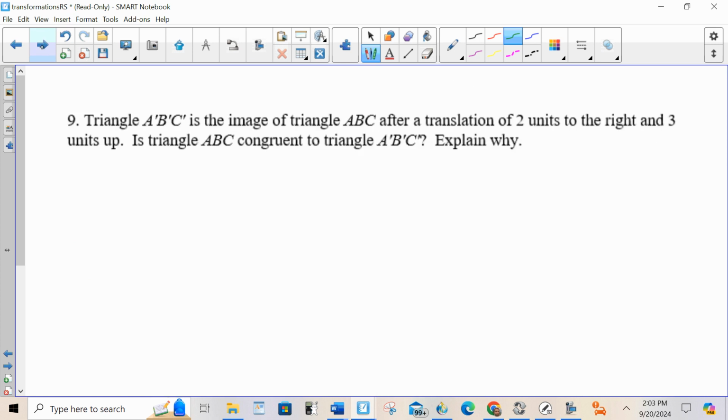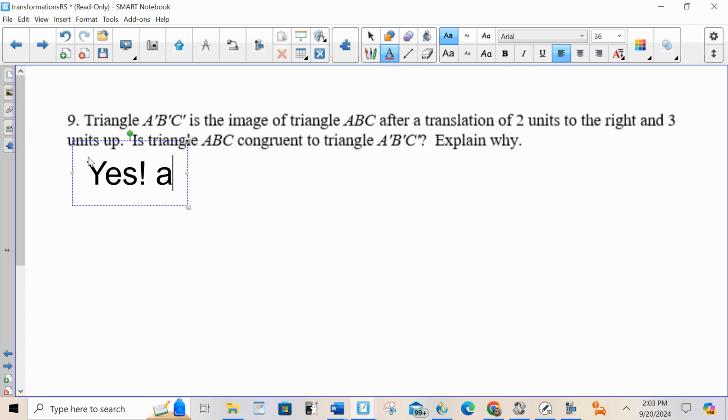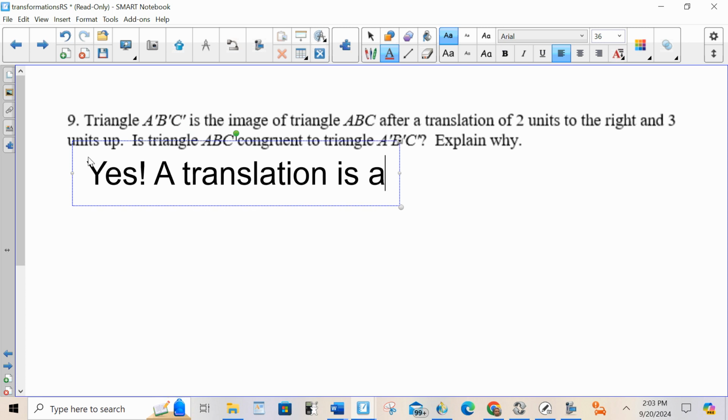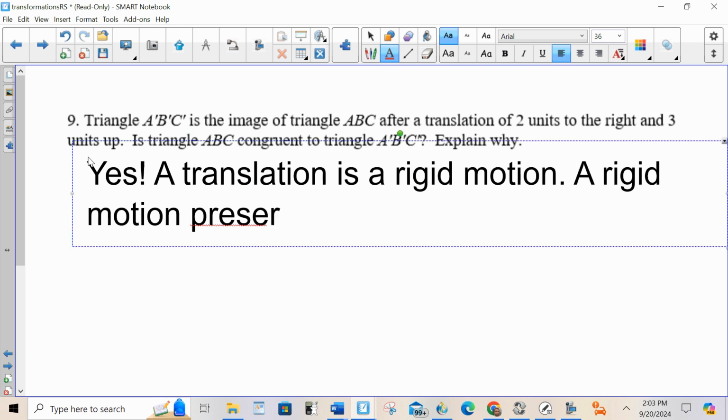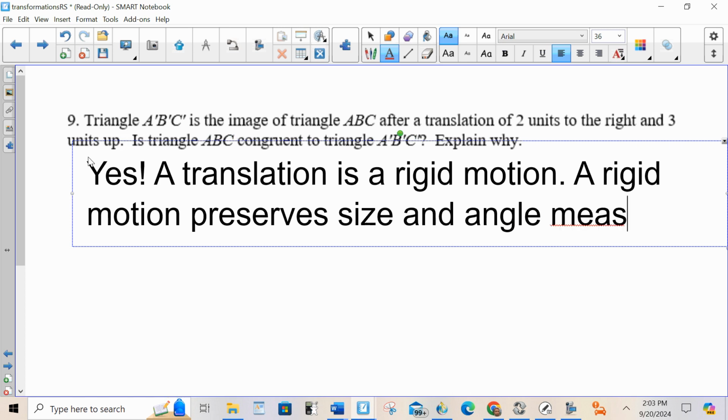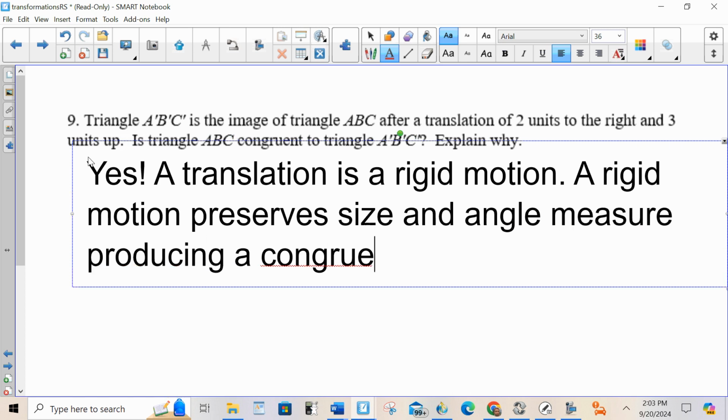Number 9, triangle A'B'C' is the image of triangle ABC after a translation. Are they congruent? As long as a reflection, a rotation, or a translation happened, or any combination of those, the answer is always yes. A translation is a rigid motion, and a rigid motion preserves size and angle measure, producing a congruent figure.